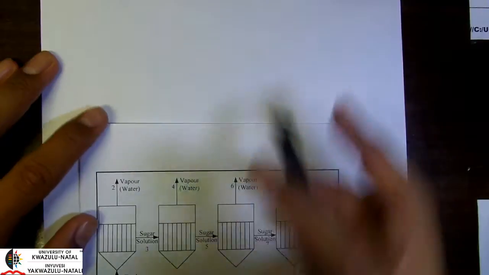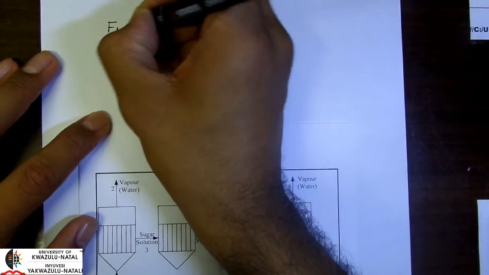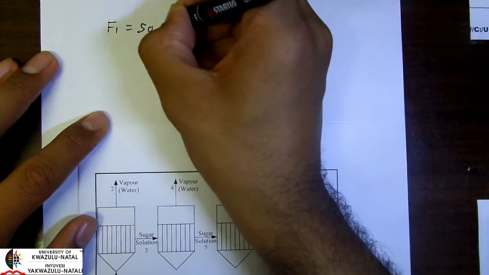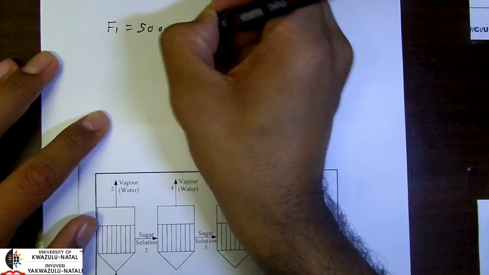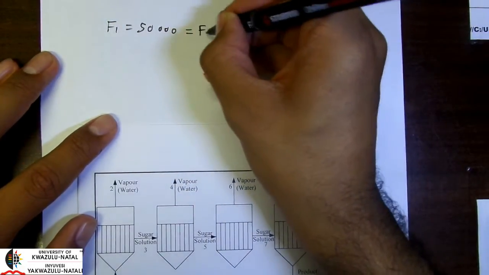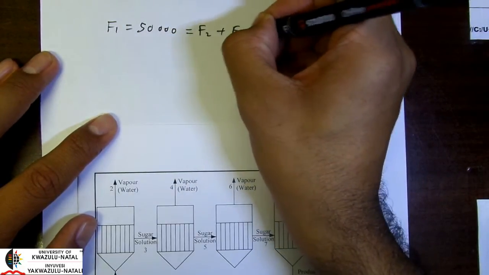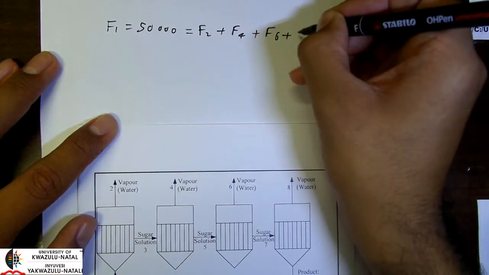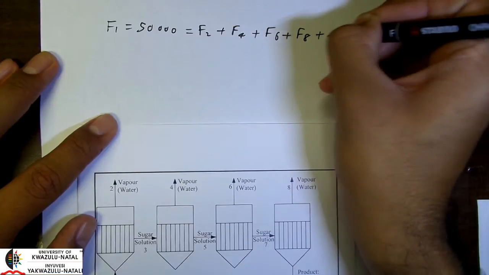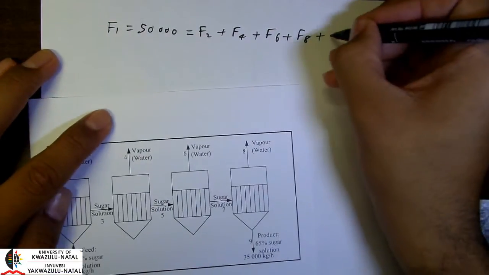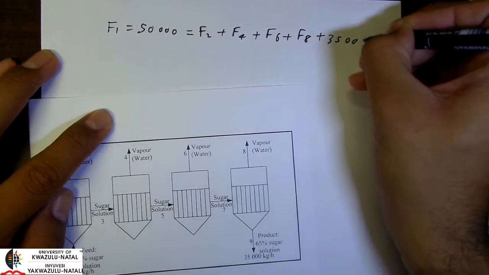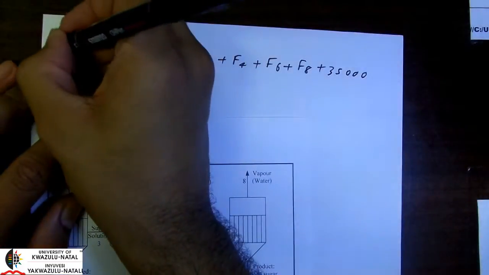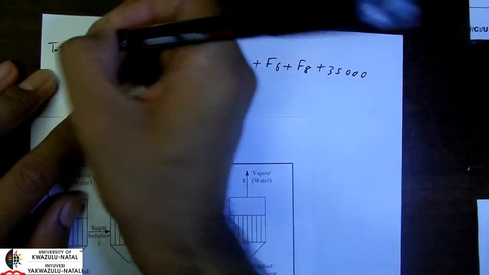So we have F1, which is equal to 50,000, that is equal to F2 plus F4 plus F6 plus F8 plus F9, which is 35,000. Okay, so that's our total balance.